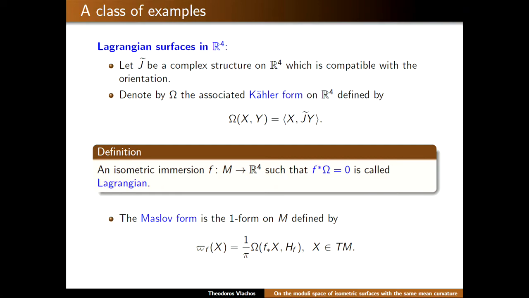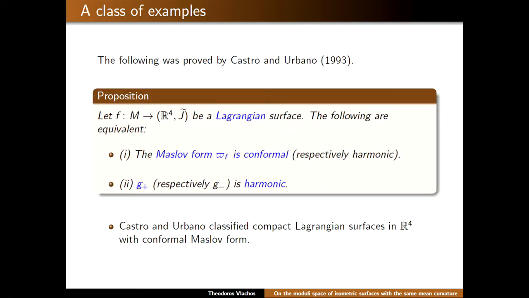The Maslov form is this one-form defined on the surface, and the examples are actually provided by a paper by Castro and Urbano, where they prove the following proposition. You have a Lagrangian surface in R4. The Maslov form is conformal if and only if the plus component of the Gauss map is harmonic.